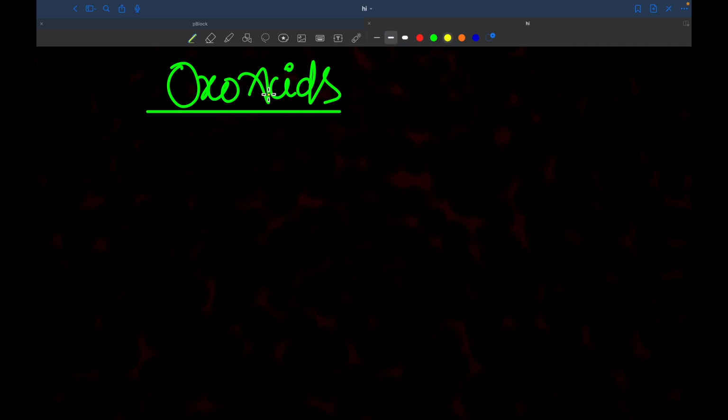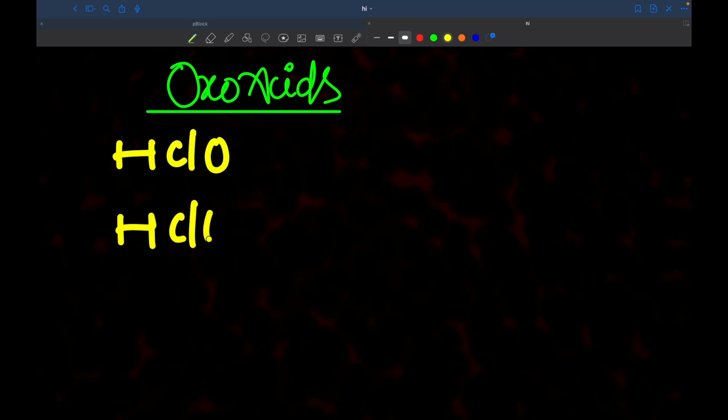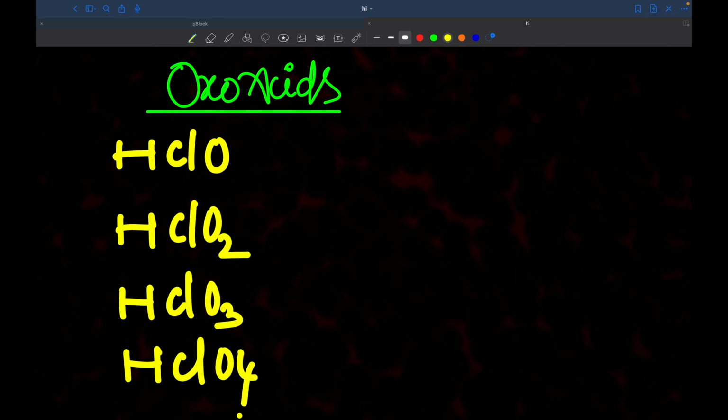So chlorine has 4 oxo acids. One is HClO, HClO2, HClO3, HClO4. So these are the 4 acids, right? The first one is known as hypochlorous acid.